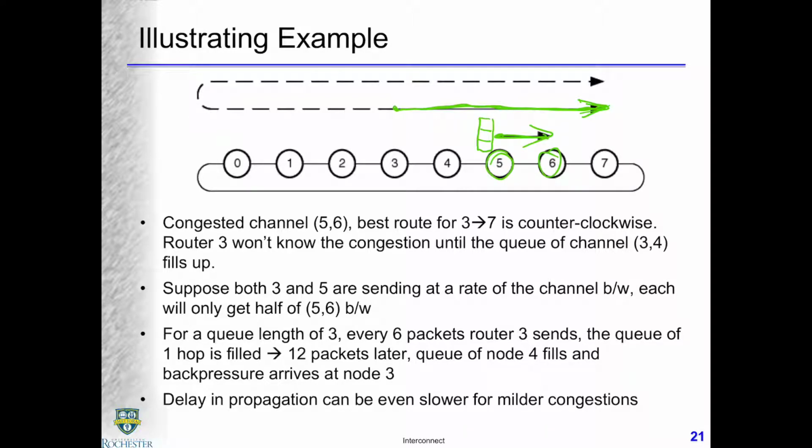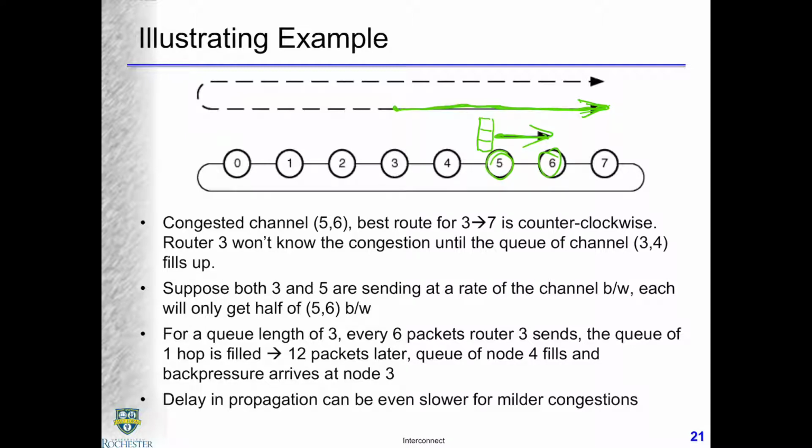And let's say I have 3 entries in my buffer. Then after 3 cycles, my queue is completely backed up. So 4 will not be allowed to send me any packet. It will be allowed to send me a packet every other cycle.